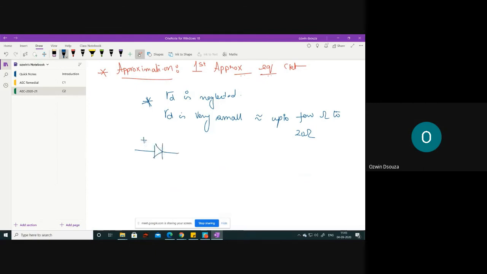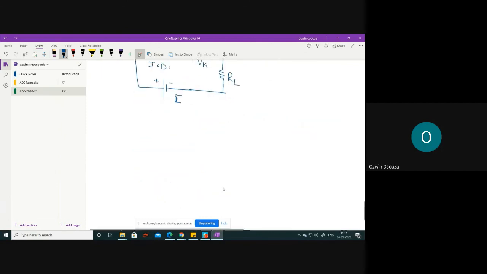You will have the anode and cathode terminal. This is your ideal diode ID, followed by the barrier potential. Now you know the logic behind the placement of plus and minus signs of VK, right? And this is your external circuit, let's say some current limiting resistor RN.